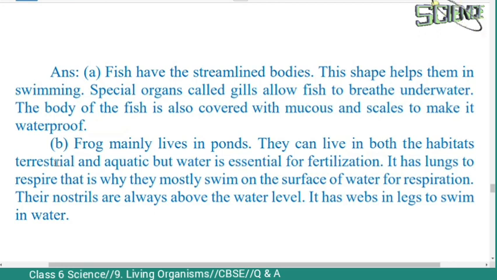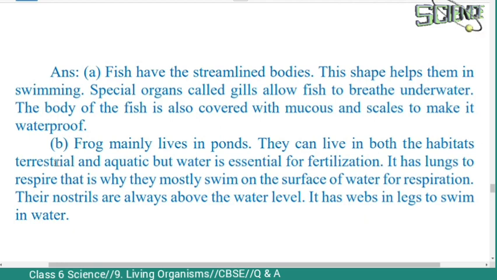B, frog mainly lives in ponds. They can live in both the habitats, terrestrial and aquatic, but water is essential for fertilization. It has lungs to respire, that is why they mostly swim on the surface of water. Their nostrils are always above the water level.